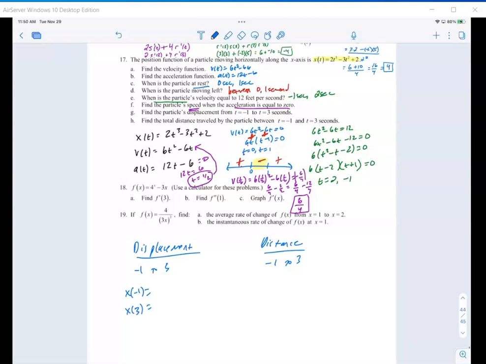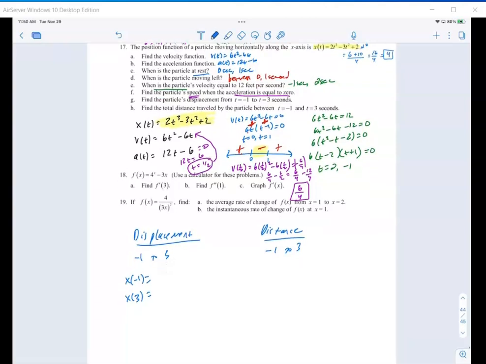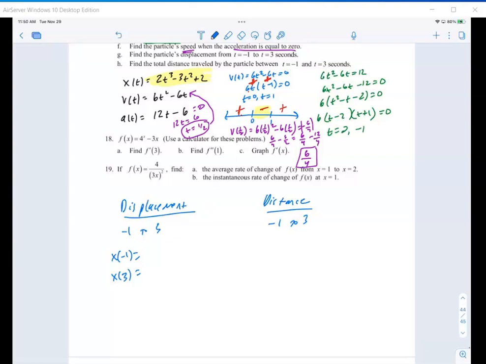I'm going to plug that into my original equation. At negative 1, that's negative 2 minus 3 plus 2, which equals negative 3. At 3, that's 54 minus 9, that's 45, plus 2 is 47. The distance between there is 47 plus 3, which is actually 50. So the displacement is 50.